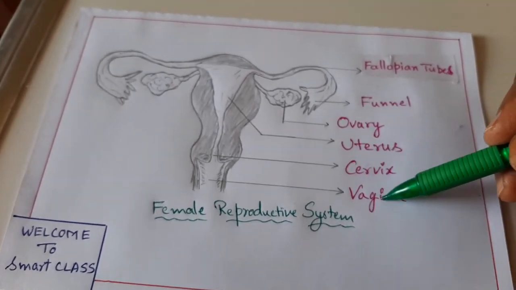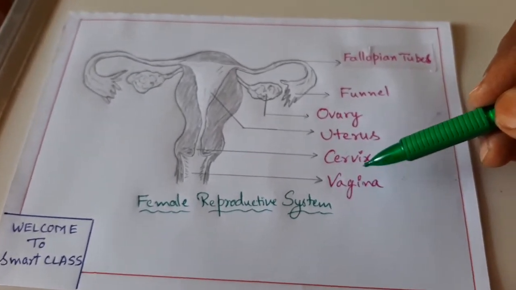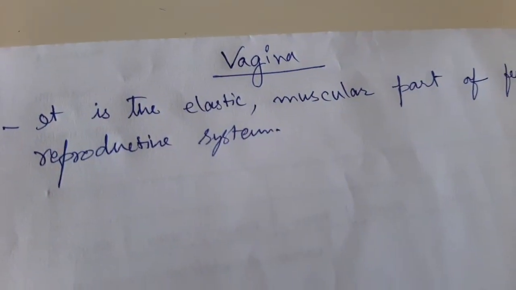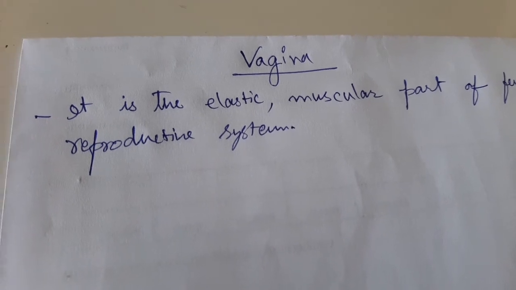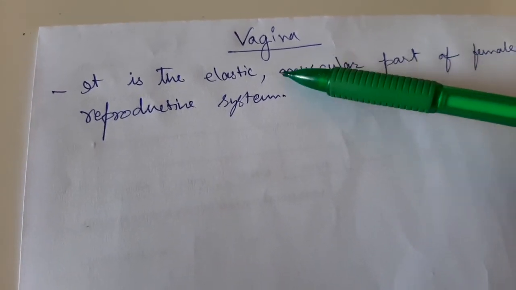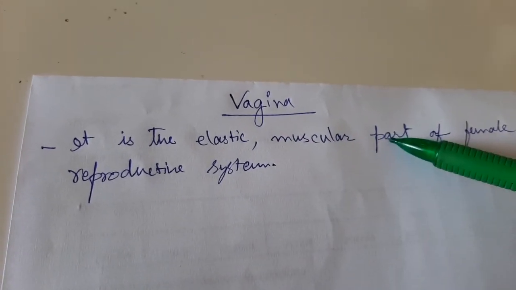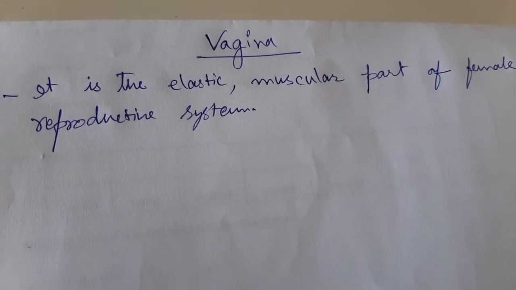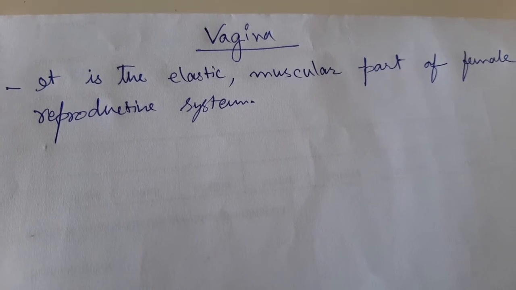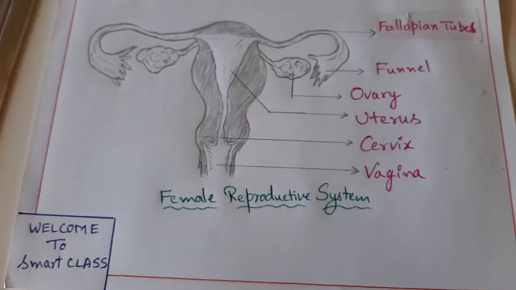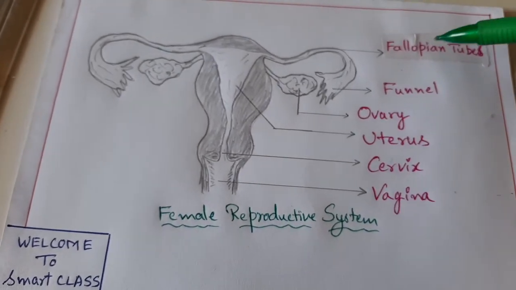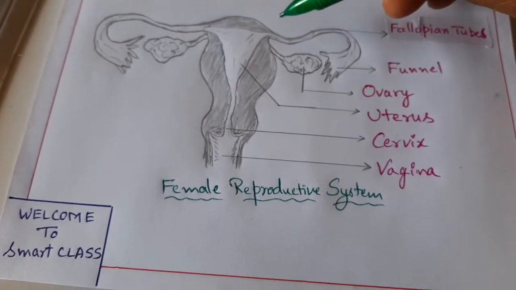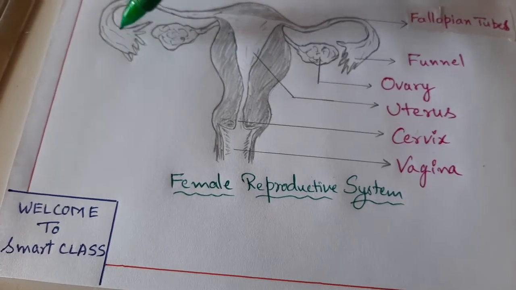And come to next part, that is vagina. So what is vagina? Observe, it is the elastic and muscular part of female reproductive system. That is about vagina. And students, come to next important part, that is fallopian tubes. So these are fallopian tubes.